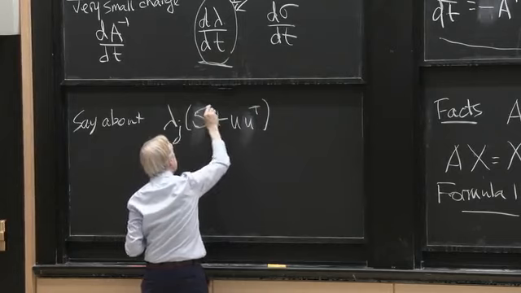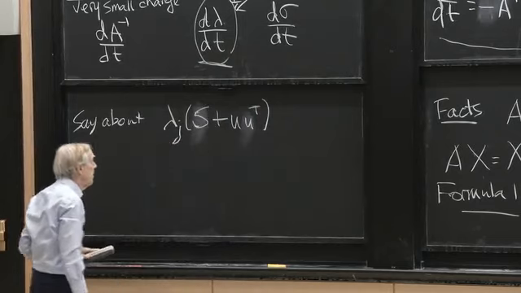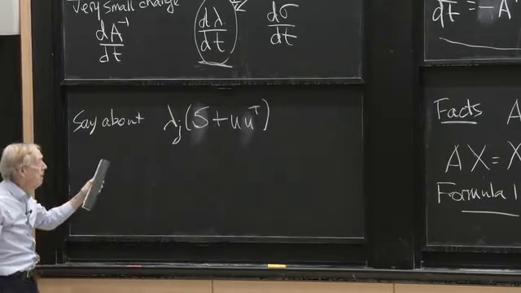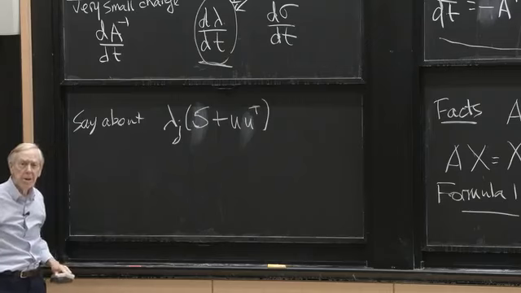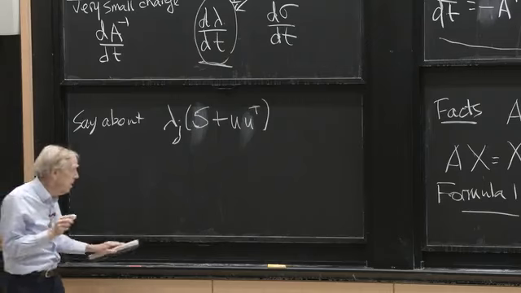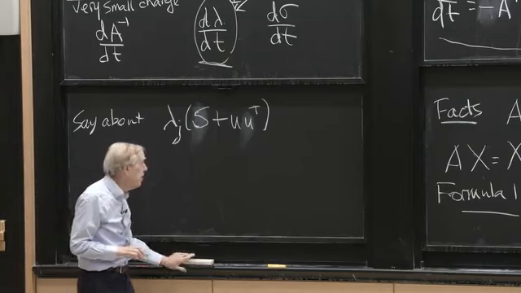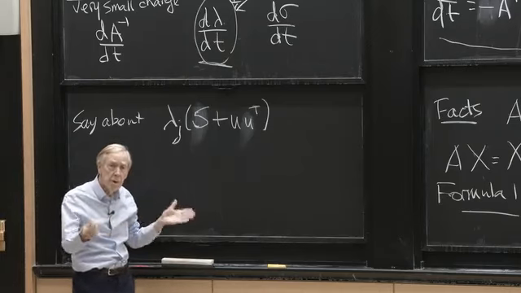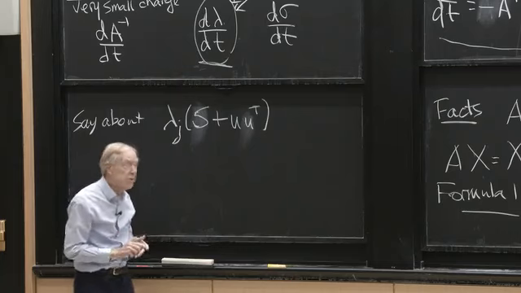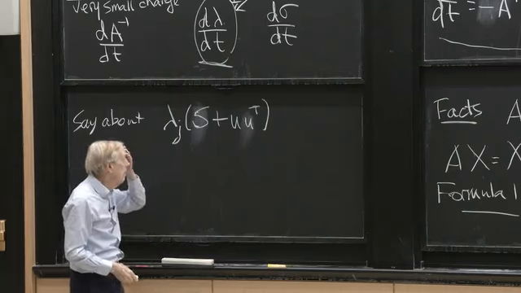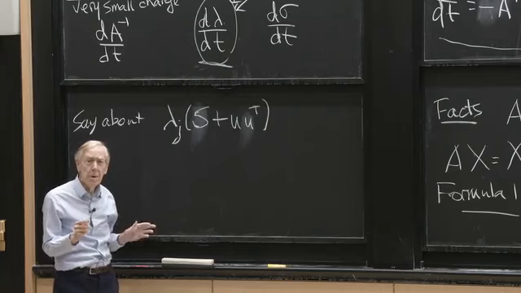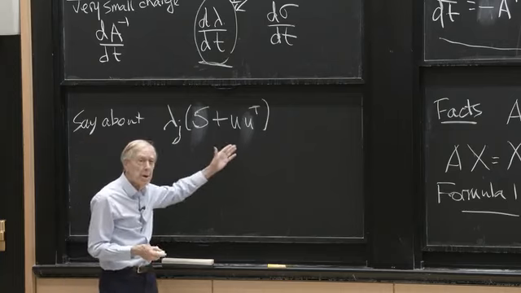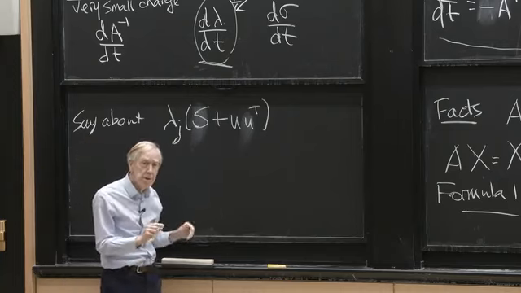So the question is, what can I say about the eigenvalues after a rank 1 change? So again, this isn't calculus now because the change that I'm making is a true vector and not a differential.